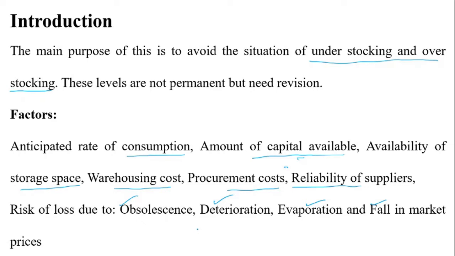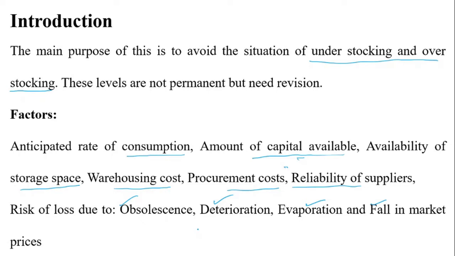Because of the release of the 2020 model by the Honda company, with this new product available in the market, the 2019 model price will automatically reduce because of technological improvement. That is called obsolescence.